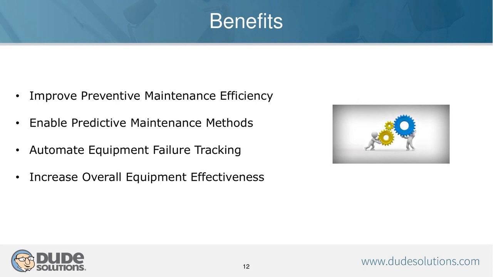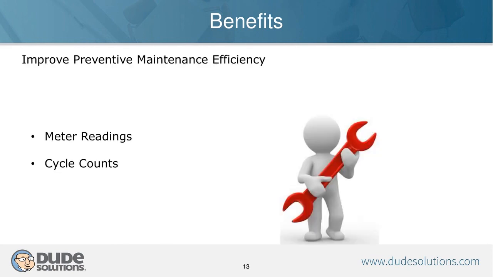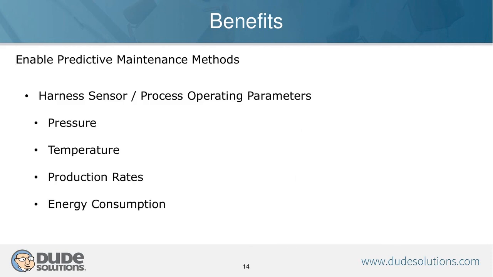The next thing that we can look at is that we can enable predictive maintenance methods. As you are moving your strategy of asset management forward, if you're at the beginning, you'll probably start at a position of just being reactive, collecting information on what is failing and then responding to that.